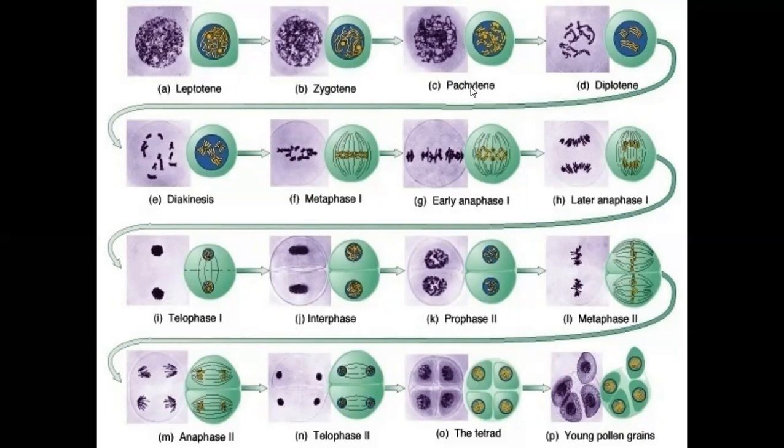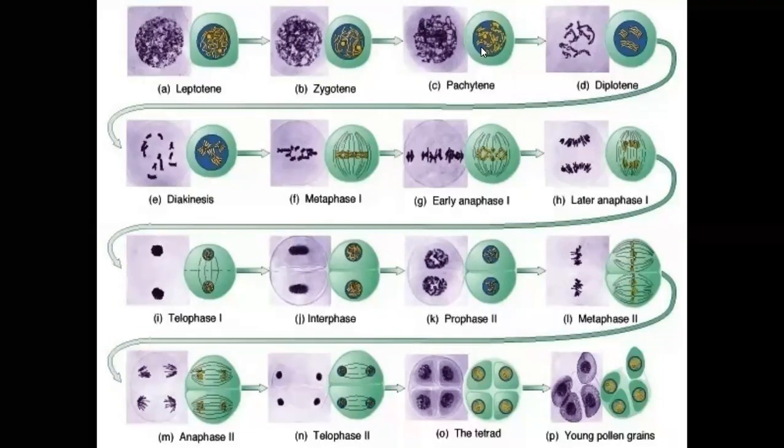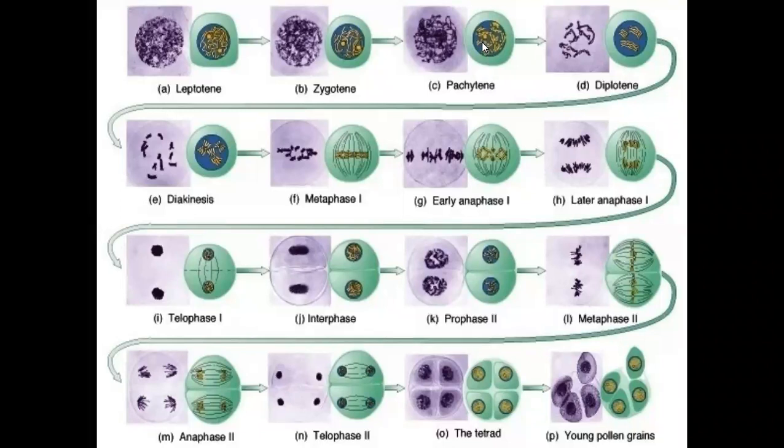At the beginning of the pachytene phase, the diploid chromosomes, the zygotene chromosomes, participate in replication and develop into tetraploid chromosomes. In this phase, the tetraploid chromosomes participate in crossing over.